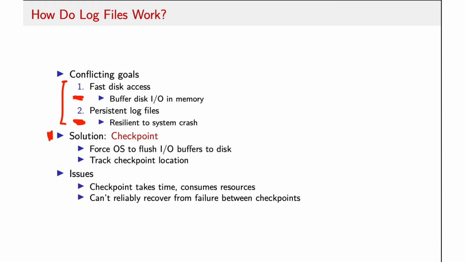Periodically, the database management system will force the operating system to flush those buffers out to disk, making the data persistent. And then it also keeps track of when that checkpoint took place, so that you can roll back to a checkpoint if necessary and add another checkpoint and so forth. But as of the time of that checkpoint, before any other operations are completed by the database management system, you have a consistent record of everything that's taken place in the database as of that moment in time.